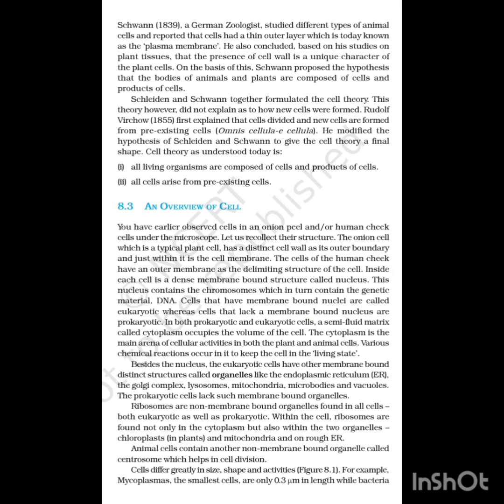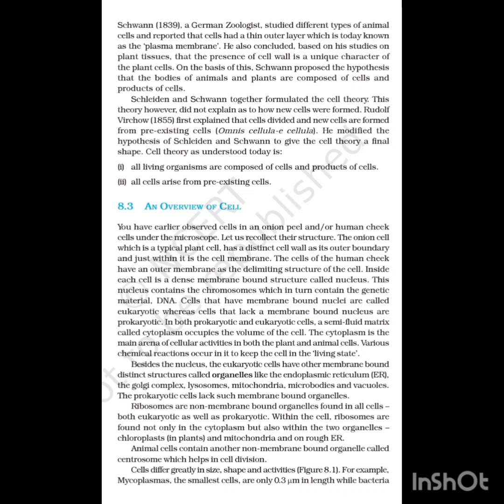In 1839, Schwann studied different types of animal cells and observed that all animals had a thin outer layer known as the plasma membrane. He also concluded, based on plant tissues, that the presence of a cell wall is a unique characteristic feature of plant cells.